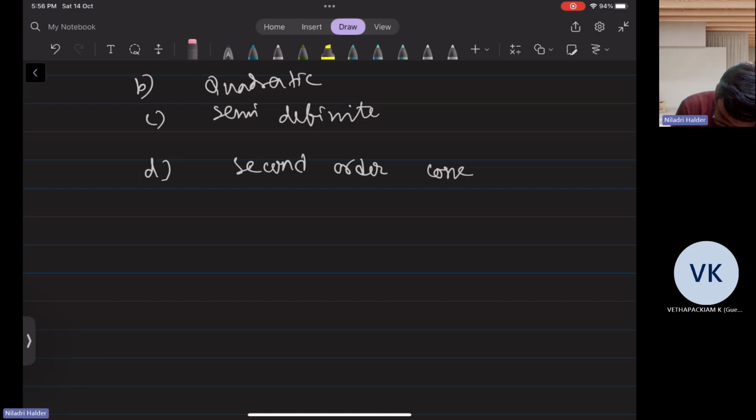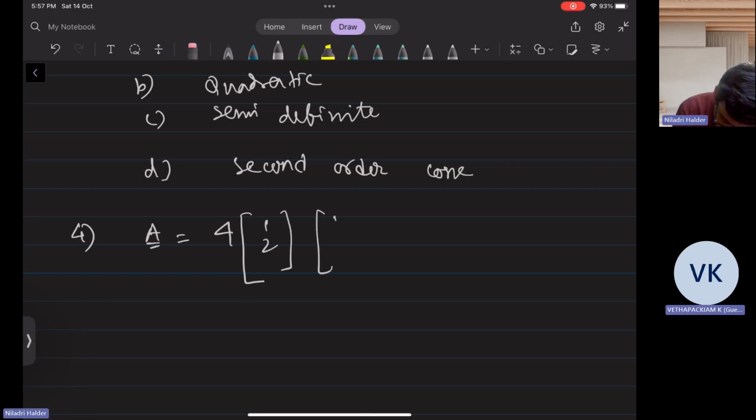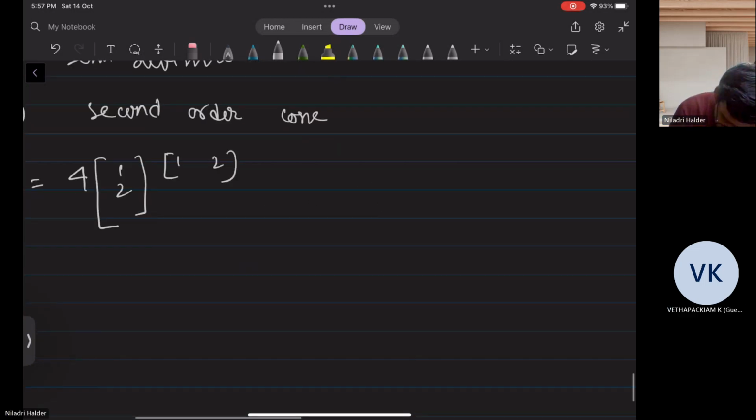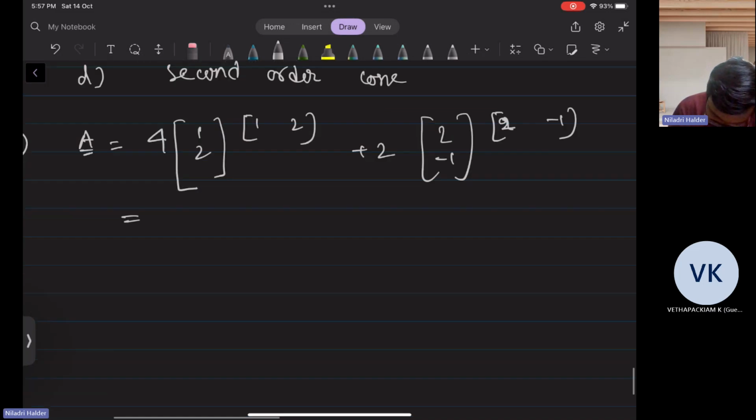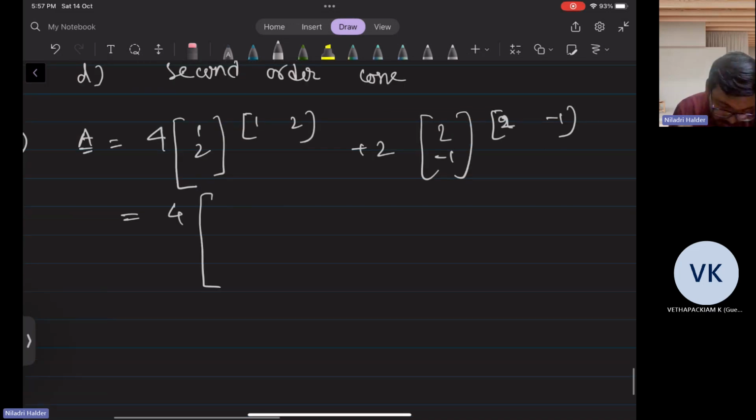So question 4 is that A is equal to 4 times [1 2] plus 2 times [2 -1]. Did you calculate this whole thing? Did you multiply? No need to do those things.